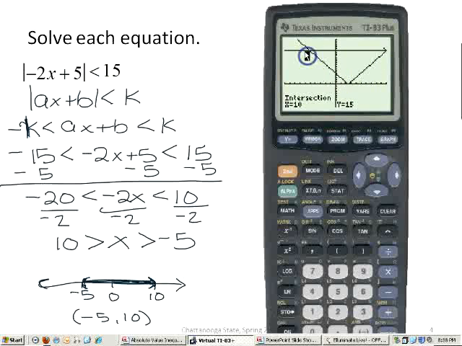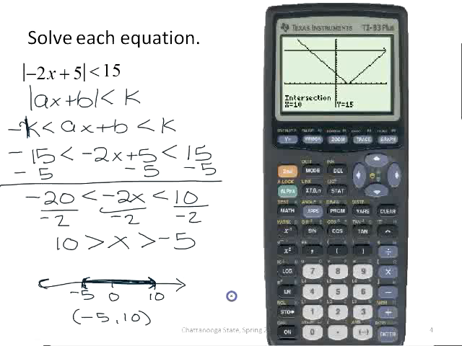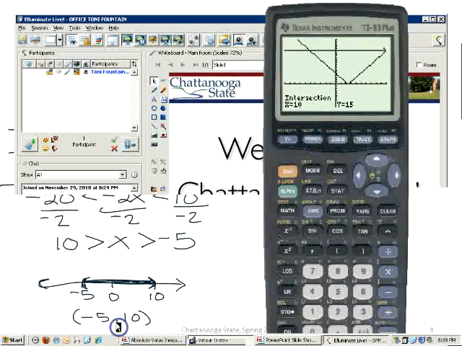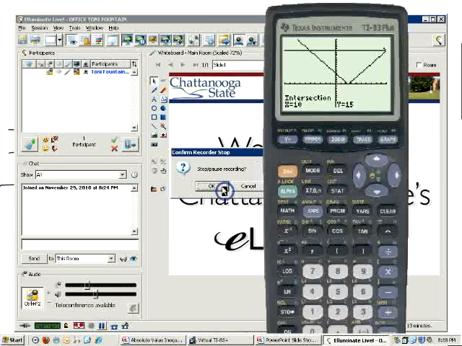I want to know where my absolute value graph, which is the V graph, is less than 15. So where it's less than 15 are the x values that are between this point and this point. So that would be between the x values of negative 5 and positive 10, which is what we have down here.